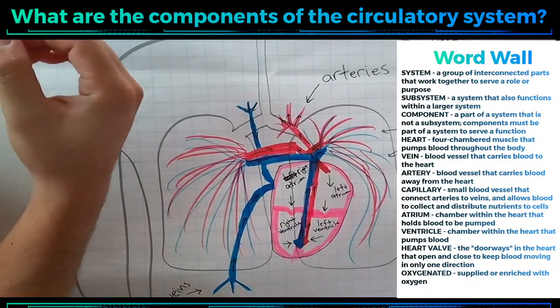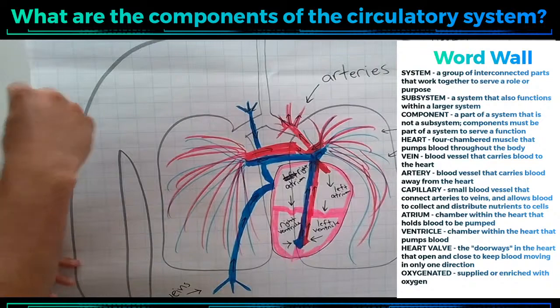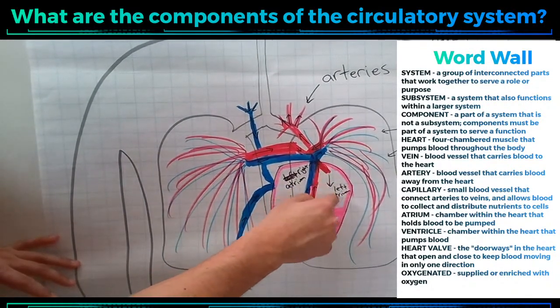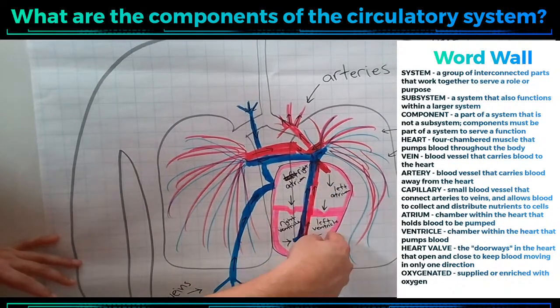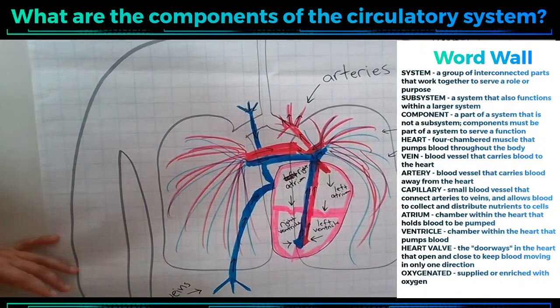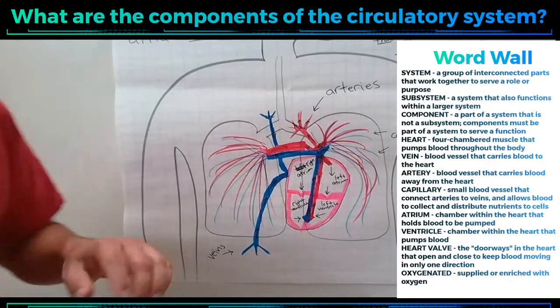And takes in oxygen from the lungs, okay? Flows back into the left atrium, gets pumped into the left ventricle, and then out to the rest of the body to distribute all of its nutrients and its oxygen.